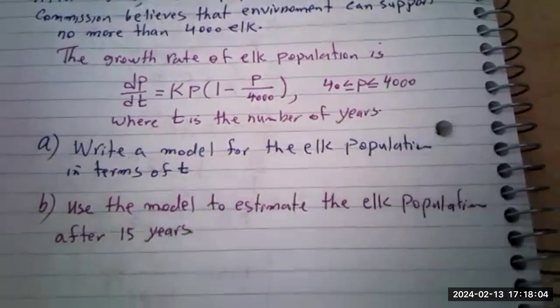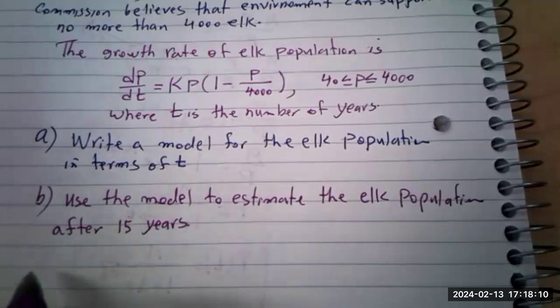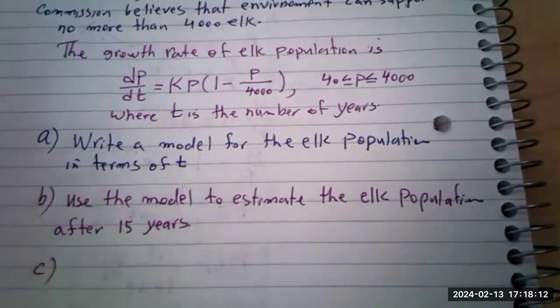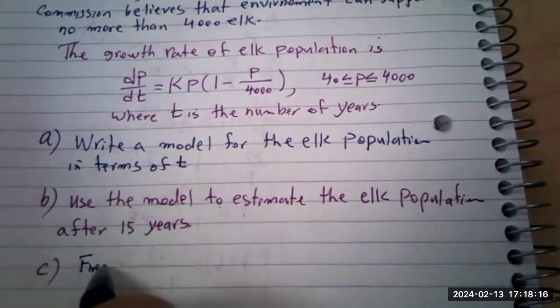It's easy. The time is given to you. If you have P of T, you want to find P of 15. Substitute here.